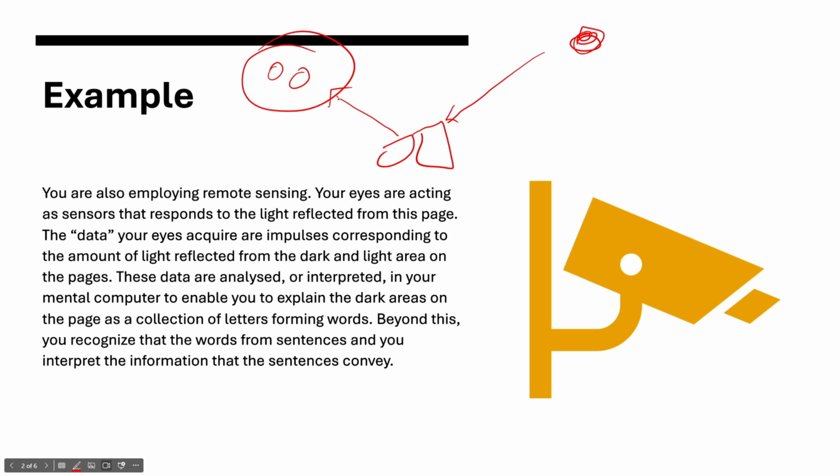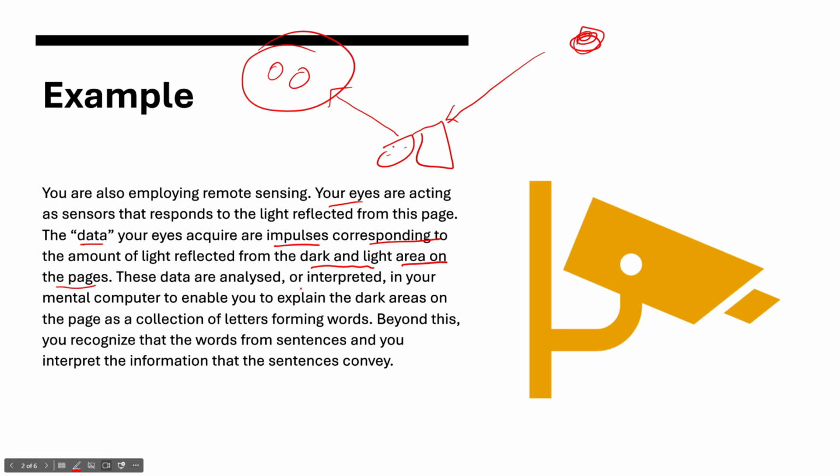Your eyes measure the pulses according to the energy reflected from the book, and using that energy you distinguish the text.